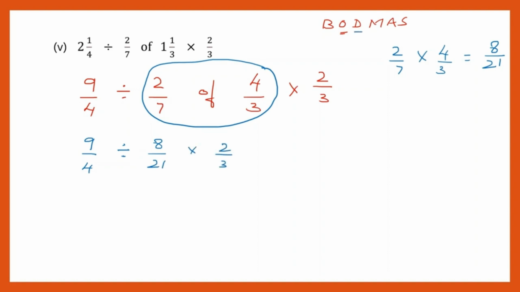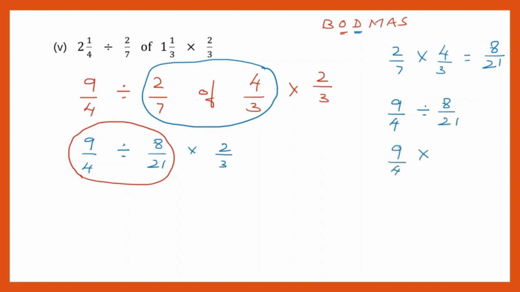According to BODMAS, we have to do division first before multiplication. So let's work out this division part. This is the part that we need to work out. Let me do that in the working column. 9 by 4 divided by 8 by 21. So that is 9 by 4 into the reciprocal of the second one, 21 by 8.